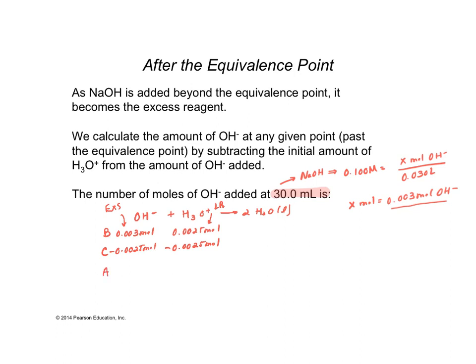So when we calculate this, we find that we have 0.0005 moles of OH minus, nothing here in this guy, okay? So now the OH minus, the excess amount left in the flask after we have passed the equivalence point, is what is going to be determining the pH of our solution moving forward.